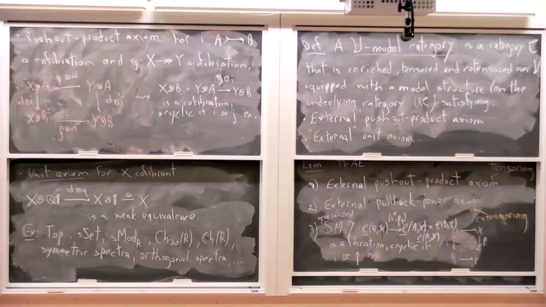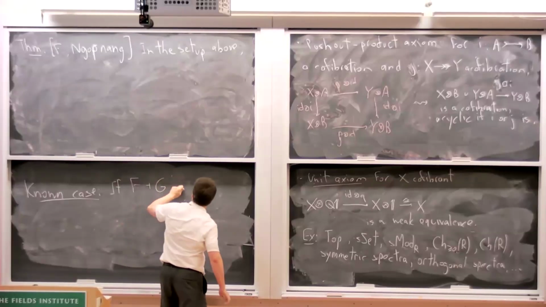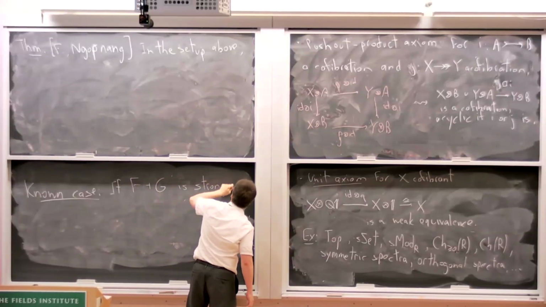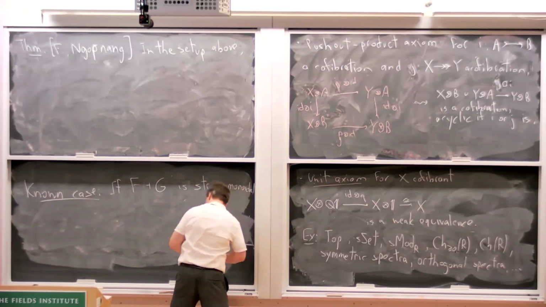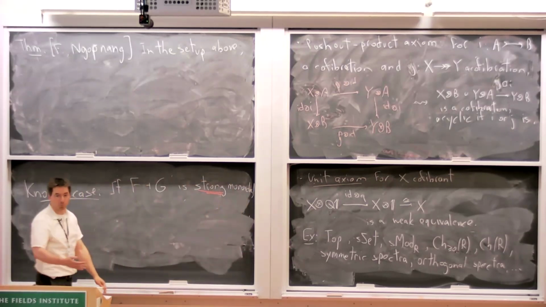The well-known case was when F is strong monoidal. Let me regret this in 30 seconds. All right. So if F is strong monoidal, or rather if the whole equivalent pair is strong monoidal, then things go as well as they could.